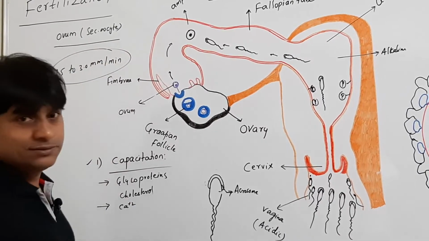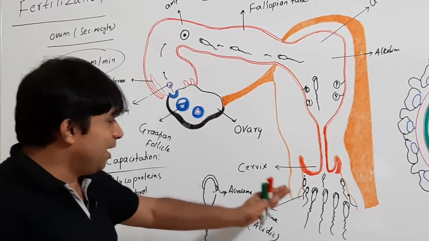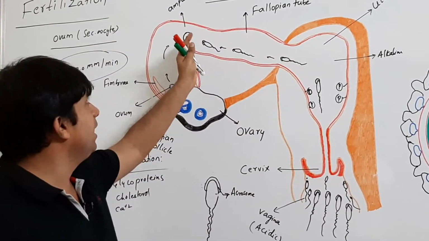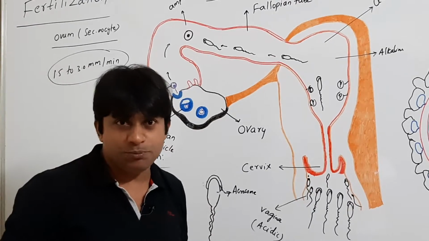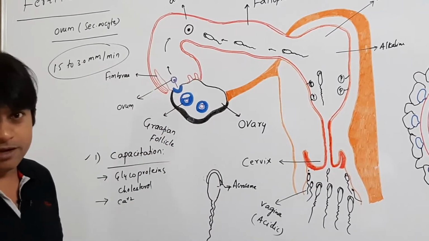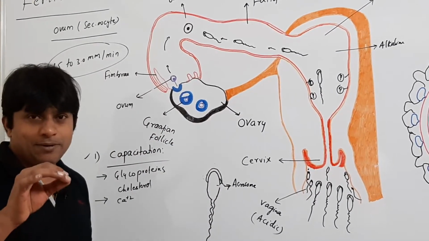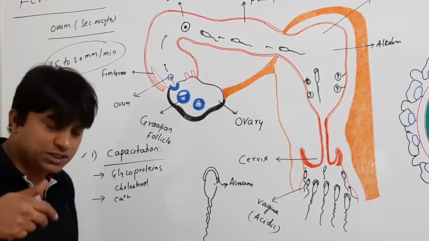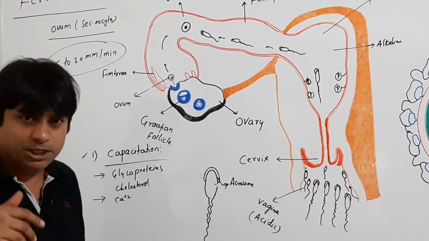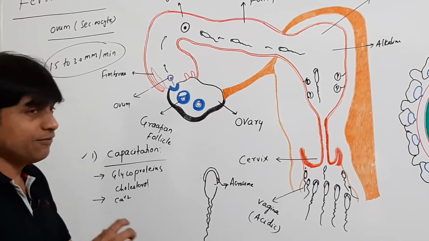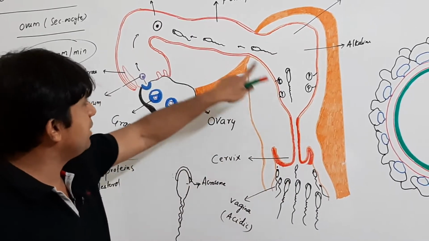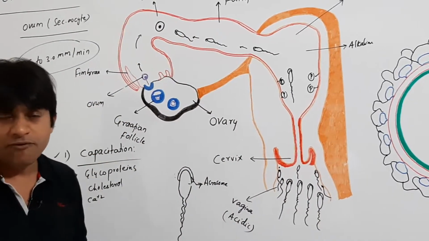This is its speed. So the sperm takes nearly 40 minutes to reach the ampulla of the fallopian tube at this speed. Even the fastest sperm can make its way in 5 to 7 minutes, but that's a different story. A sperm takes minimum 40 to 45 minutes to reach all the way from the vagina to the ampullary region of the fallopian tube.